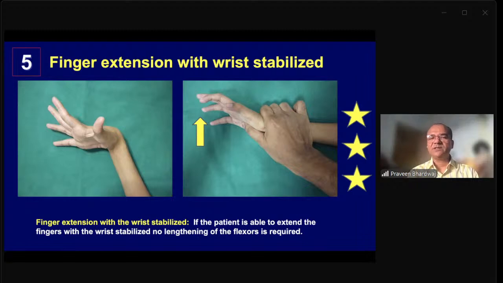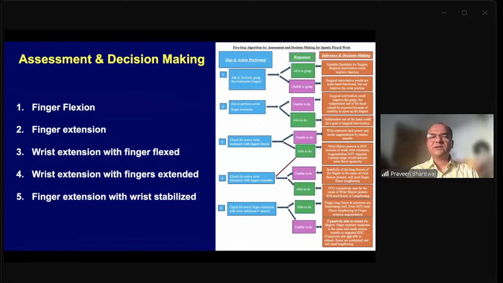And by examining this, you should be able to come to that conclusion. So following all these steps, we can actually tell whether this patient is suitable for surgery, what could be our aim for surgical intervention in such a case, and what type of surgical intervention you would like to do for such a patient.